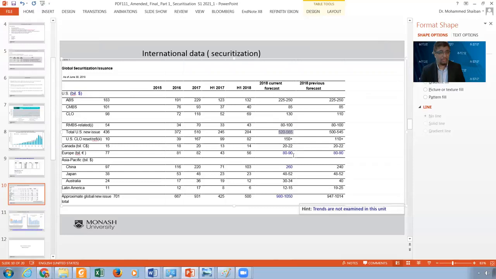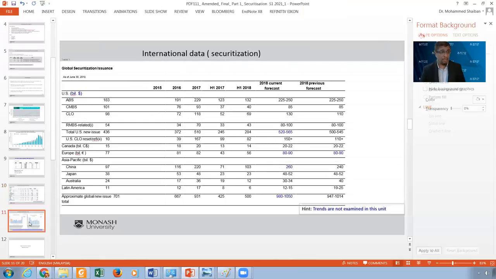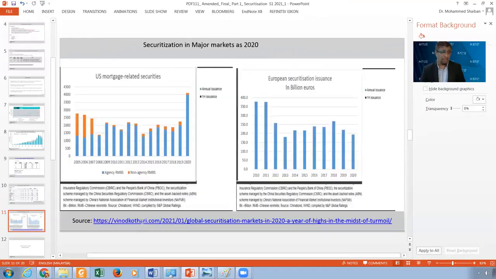The Europeans have a long history of securitization, but actually the Chinese are picking up strongly in their securitization. This is recent data. I got it from this article, and this is the link, and I can add it to your resources. As you can see, this is 2008.